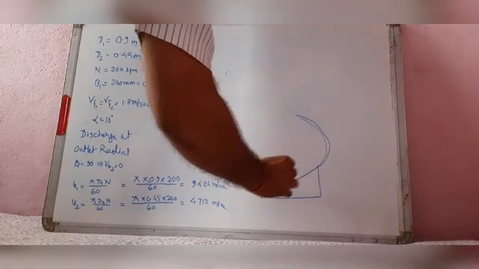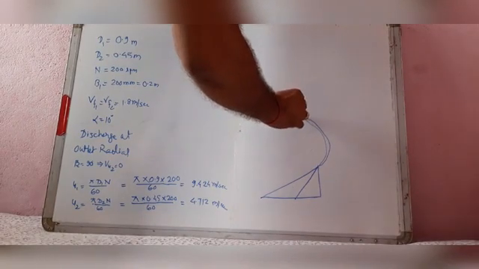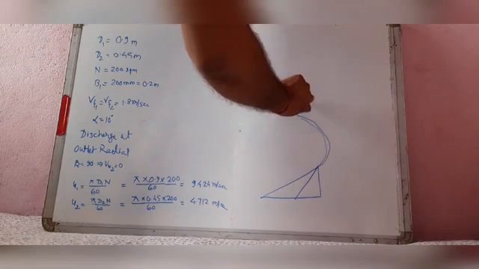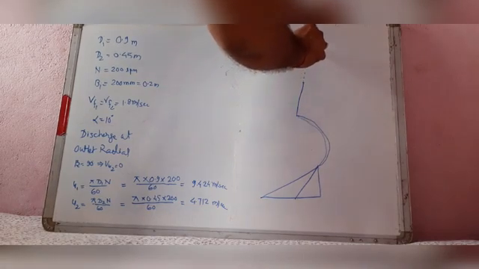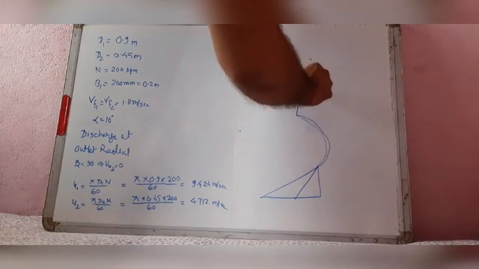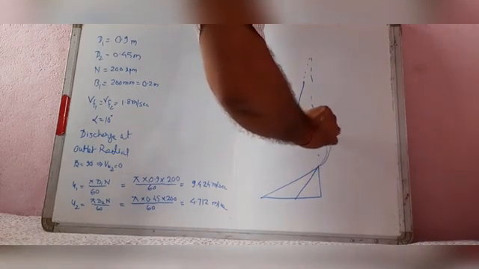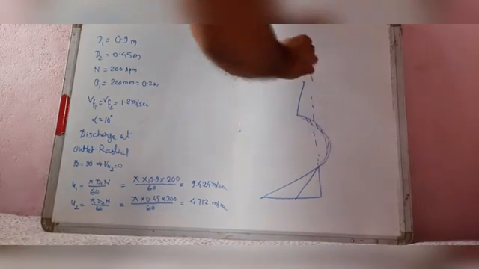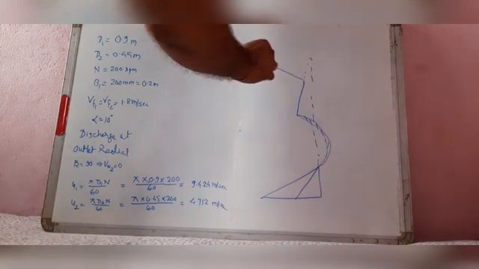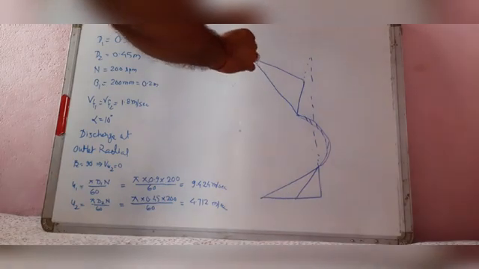This one is the velocity triangle at outlet, because here velocity at outlet is radial.